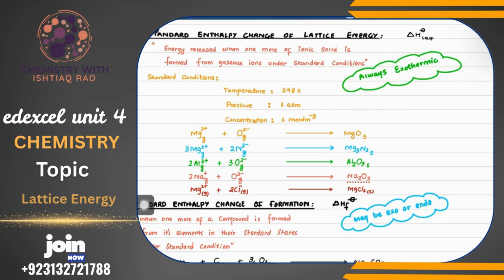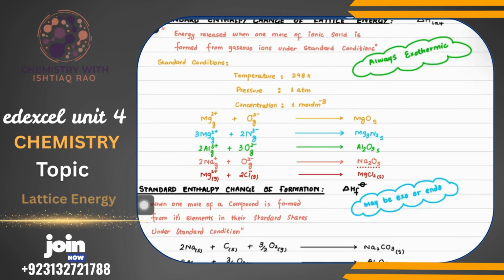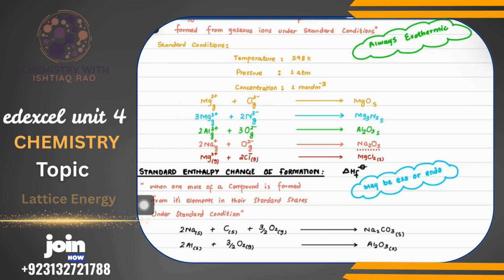Then we have standard enthalpy change of formation. It's not a new term, you knew it before. What is this? It means that 1 mole of a compound is formed, irrespective of the compound. We don't care what the compound is. It may be ionic, it may be covalent, it may be a molecule, anything.